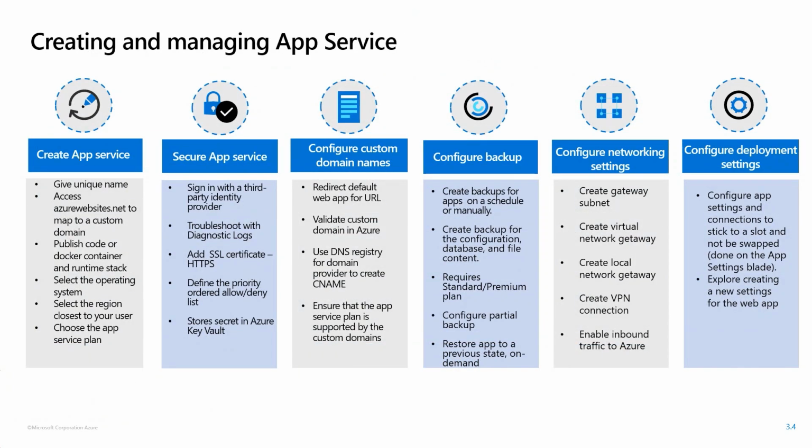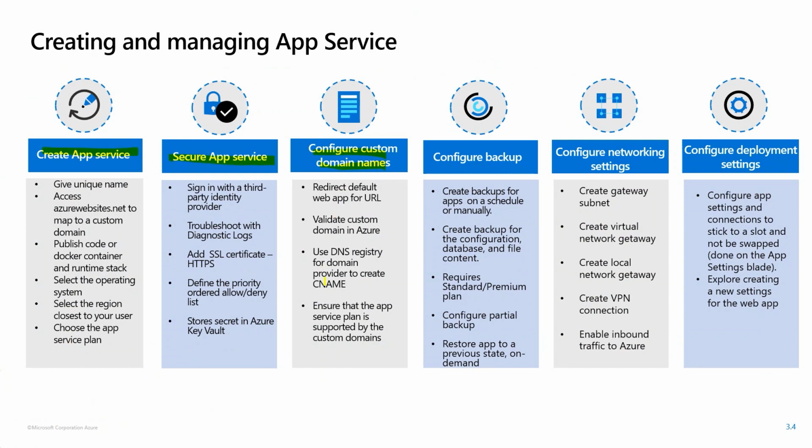Creating app service plans looks a little like this. We have a few portions or steps within the full life cycle of an app service if we're going to create an app service plan. Step one, create the app service. Think about how you're going to secure the app service.